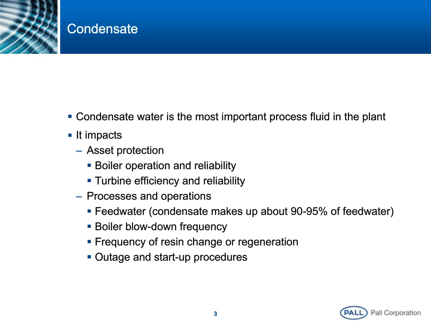We'll discuss boiler blowdown frequency and how this is affected by the quality of the feed water, and how we manage deep bed resins we may have as a demineralization solution for this flow. And then we'll move on to more specifics about what happens during outage, and especially how we come out of an outage and how we start up the plant. And we'll see the very specific issues that we'll face during those critical phases in the power plant.